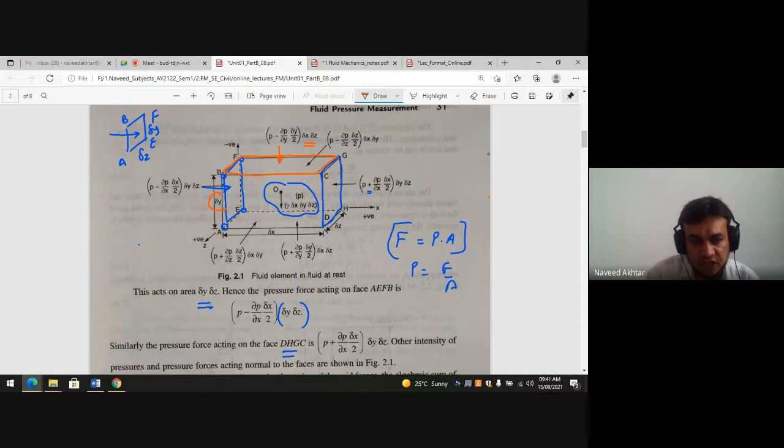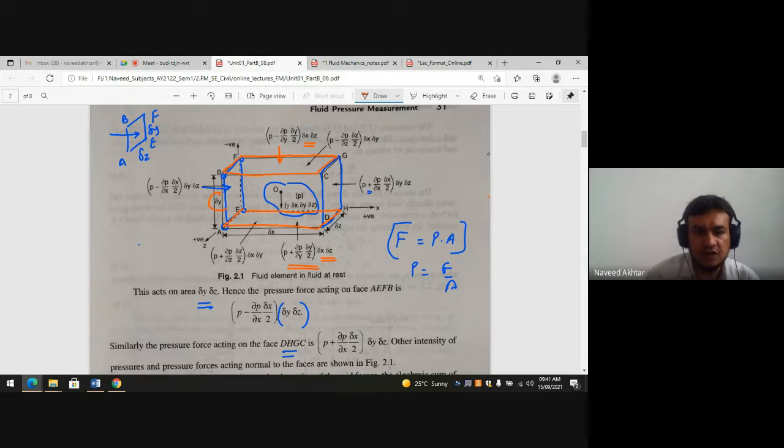और उसके अपोजिट में हम देखेंगे तो again this AEDH and AEHD portion is opposite and the pressure is P plus ∂P/∂y delta y by 2 into delta x into delta z.